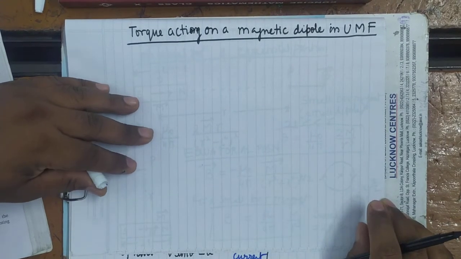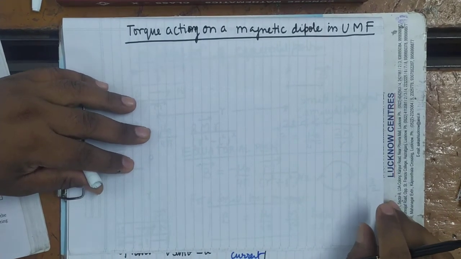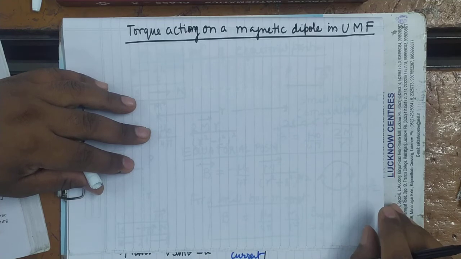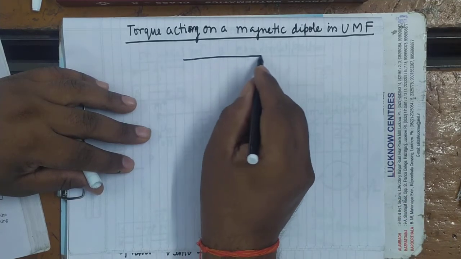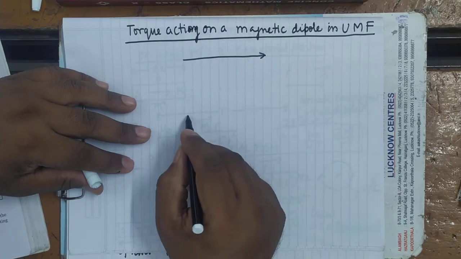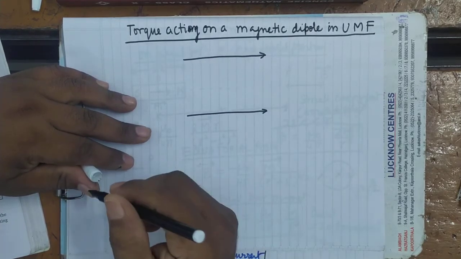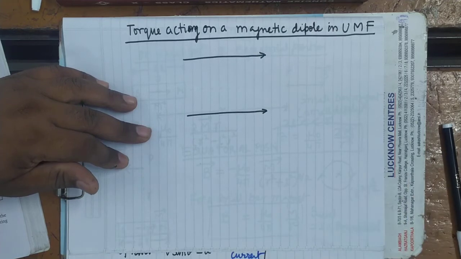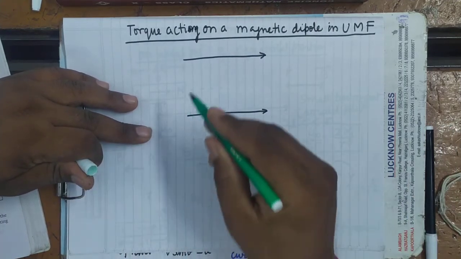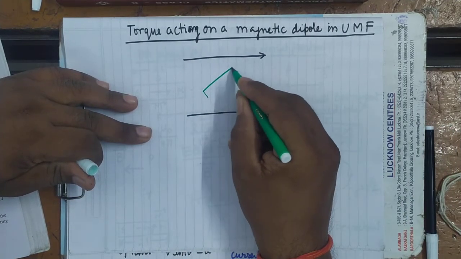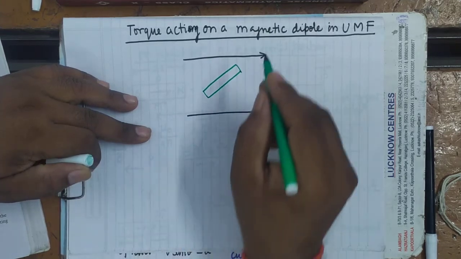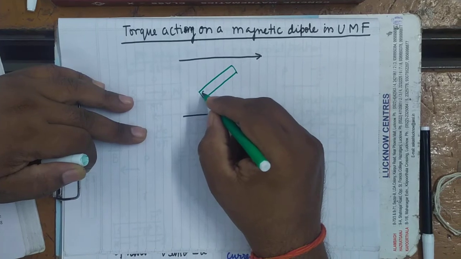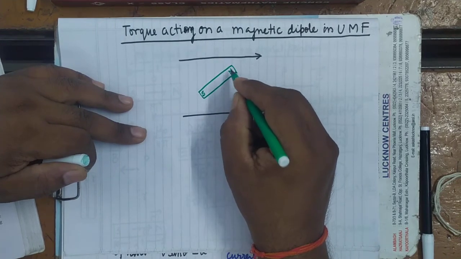Uniform magnetic field means which is the same in magnitude as well as in direction throughout the region. Here this is the uniform magnetic field region. And a dipole is placed in this way that it makes an angle. You can take this as the south pole, this as the north pole.